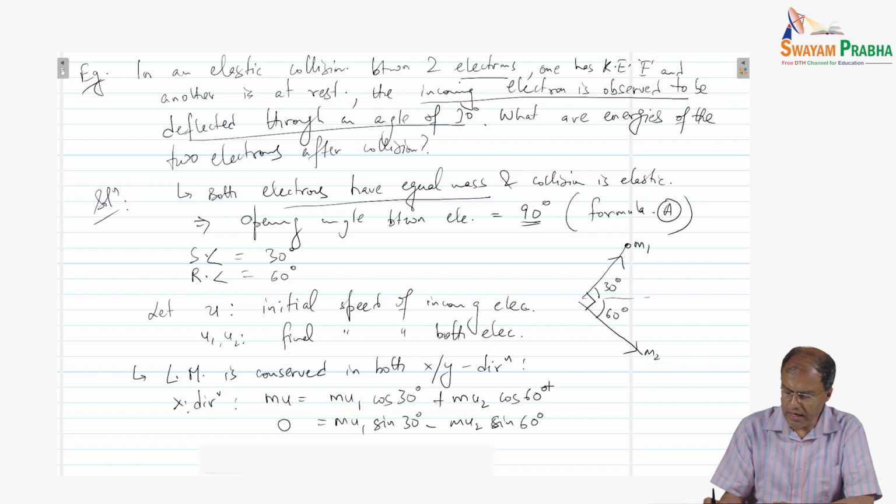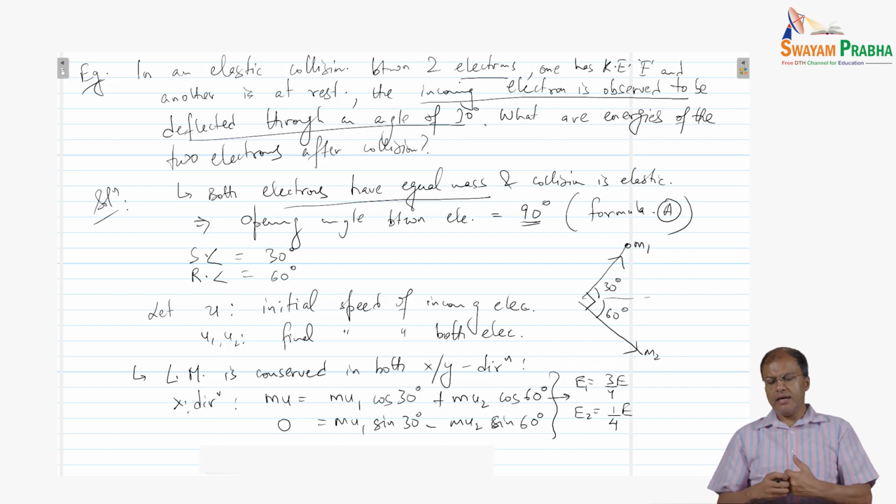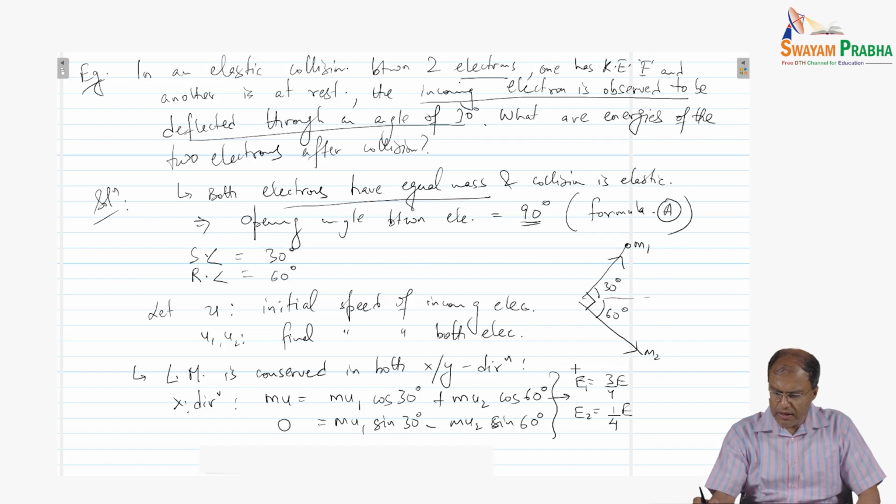From here I see that E1 comes out to be 3 by 4 E, and E2 comes out to be 1 by 4 E, where E1 is half m u1 squared and E2 is half m u2 squared.